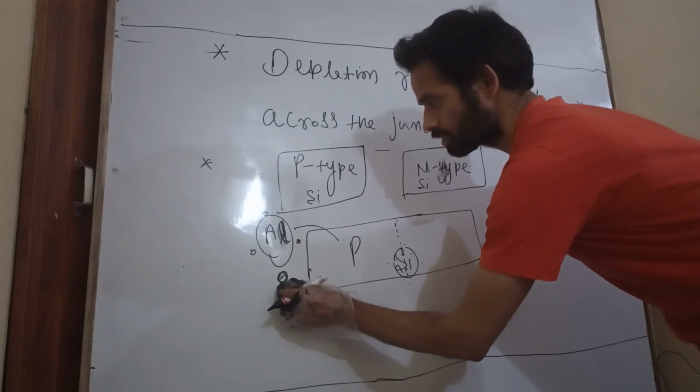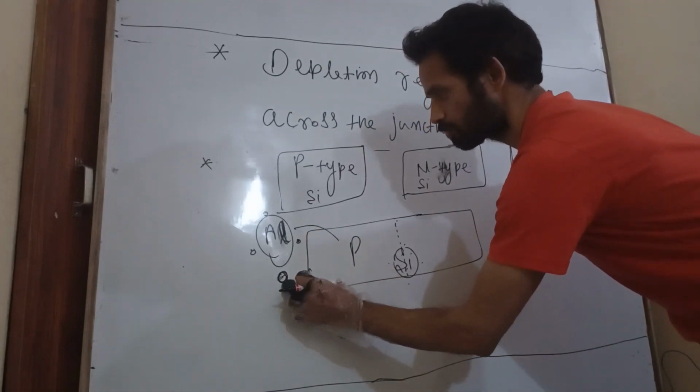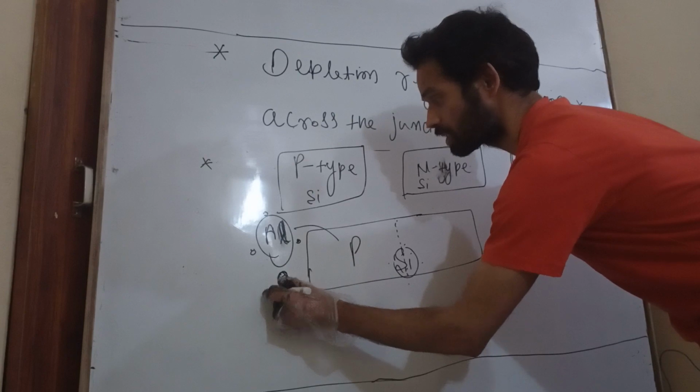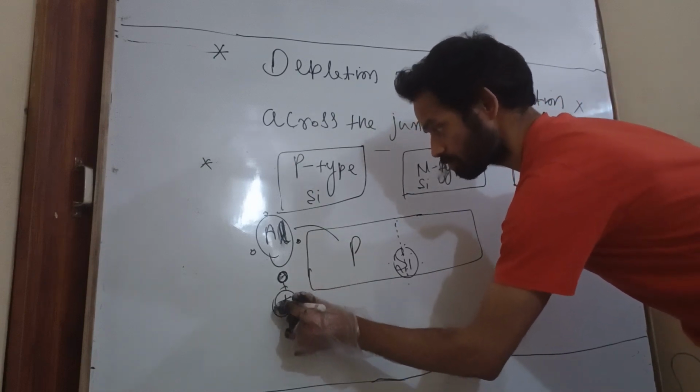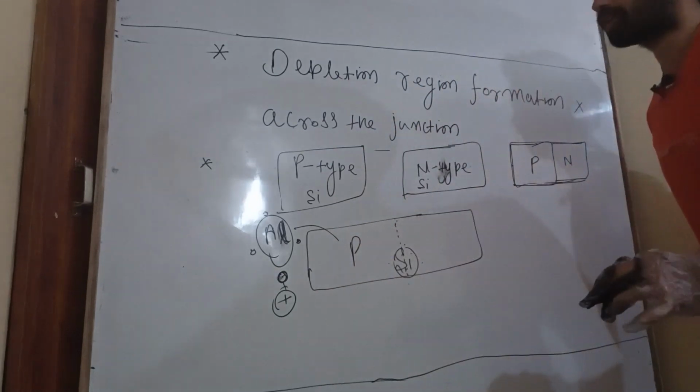This hole is a positively charged empty space, so it is p-type.